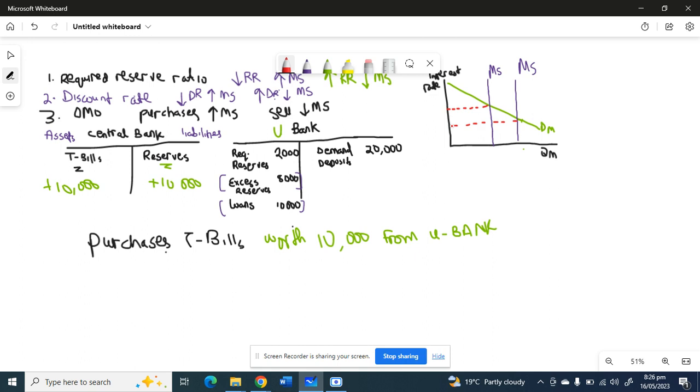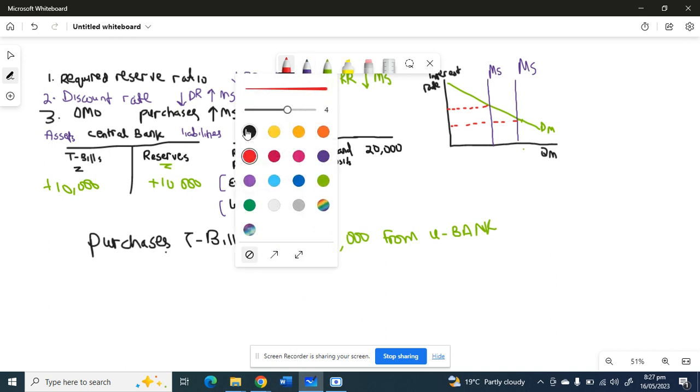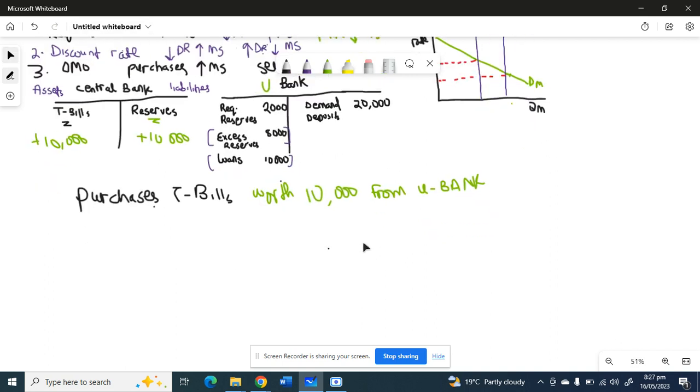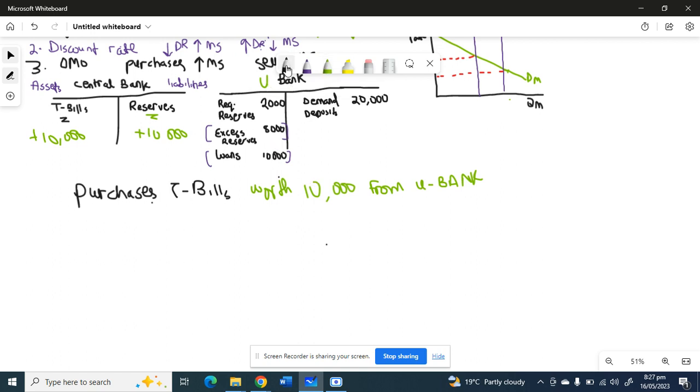So the interest rate has reduced, meaning firms and us, the citizens of the nation, can borrow more. Now let's look at the balance sheet for U Bank. Let me just redraw it here. This U Bank has just received 10,000 from the central bank.